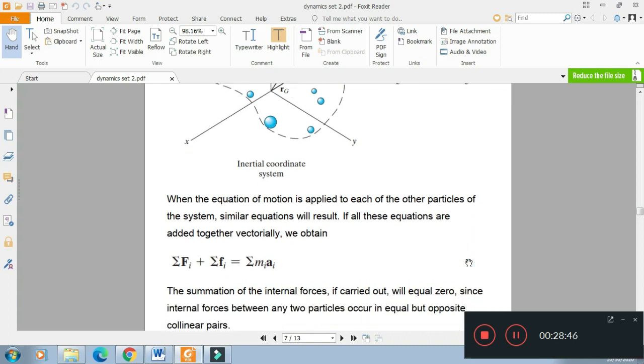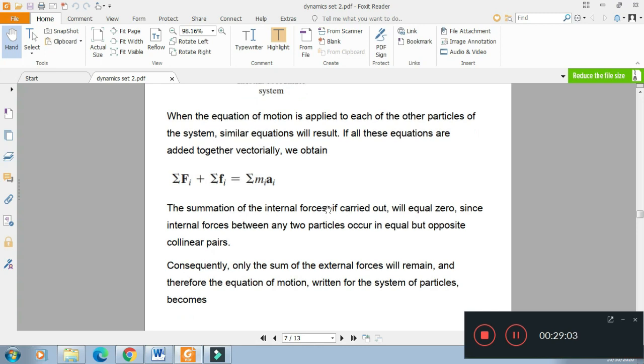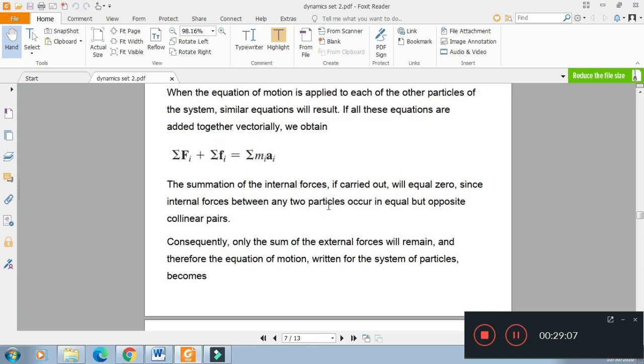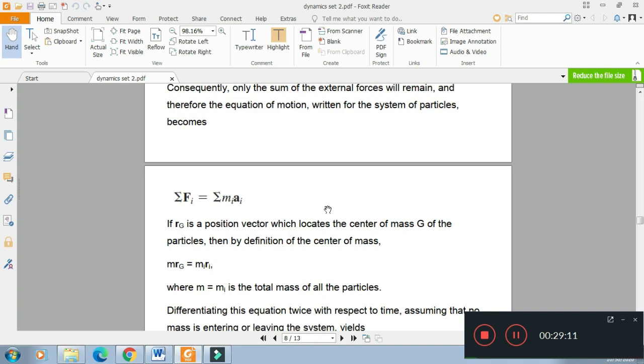But the internal forces cancel out, because one particle applies force on the other and the second one applies the force on the first one. So the internal forces will cancel out. The external forces will remain and it can result in acceleration. So we will write summation Fi equal to summation mi ai.